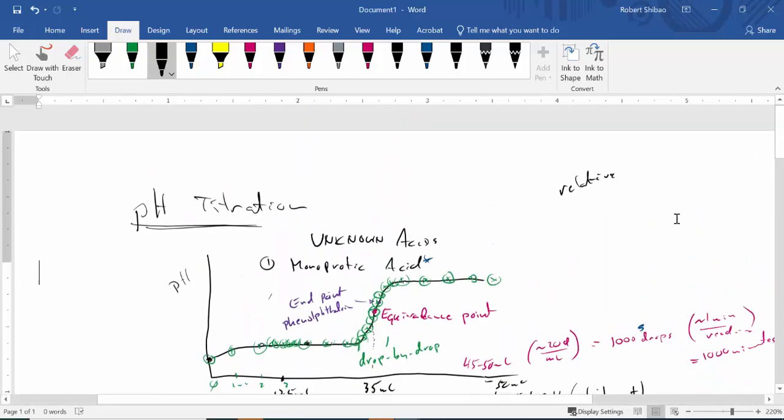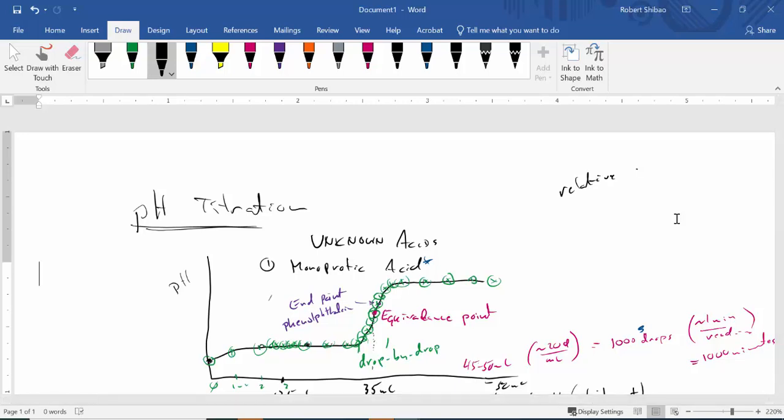So for example, let's talk about relative error in titrations. We want to use the most titrant possible, because let's say a 1 drop error in 5 milliliters versus a 1 drop error in 35 milliliters.